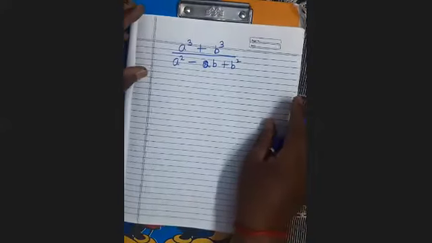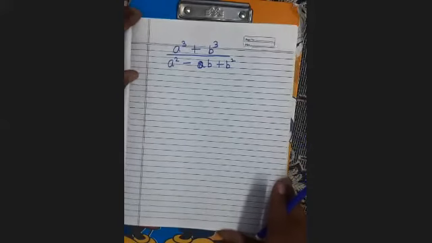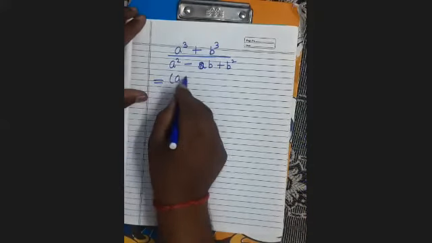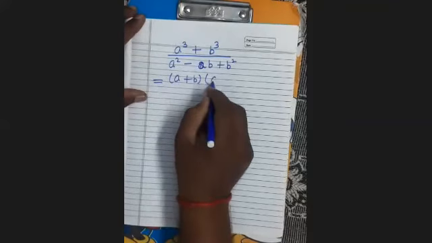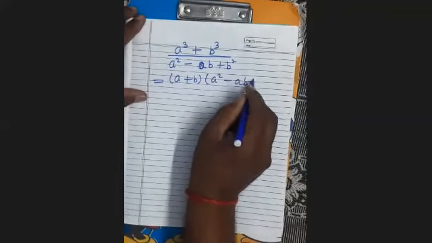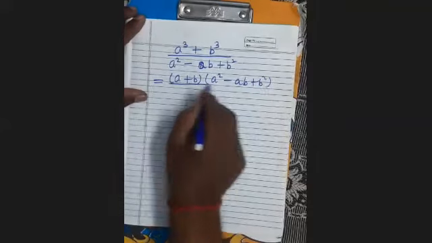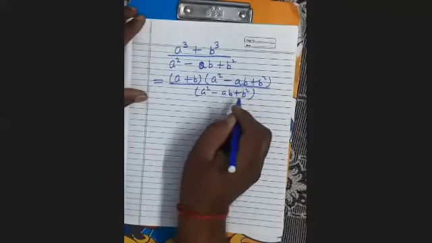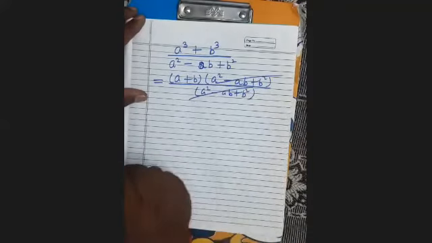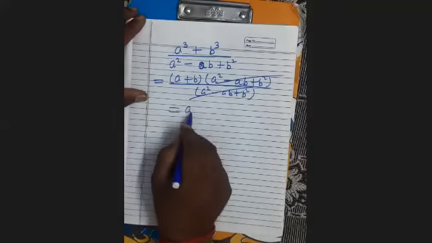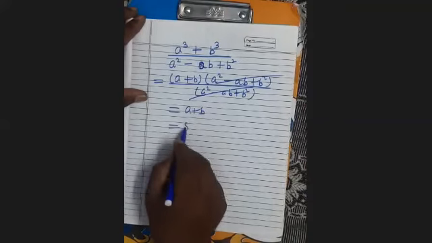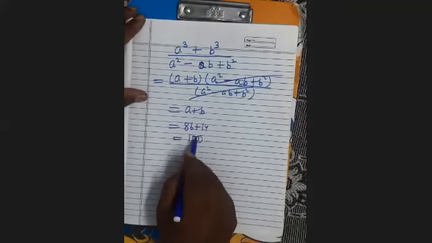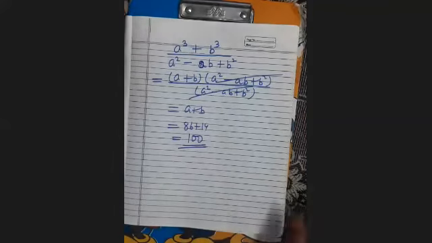Have you got? Now see here, A cube plus B cube you can write as A plus B into A square minus AB plus B square. In the denominator, A square minus AB plus B square. So this and this will be cancelled. What will you get? A plus B, that is 86 plus 14, equals 100.